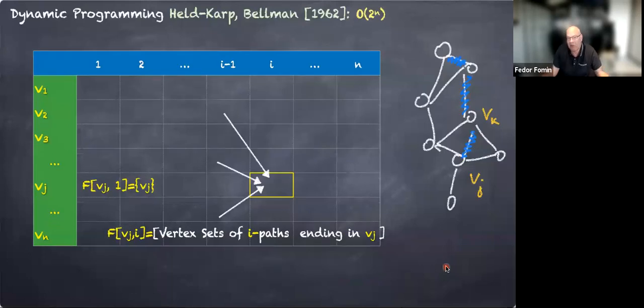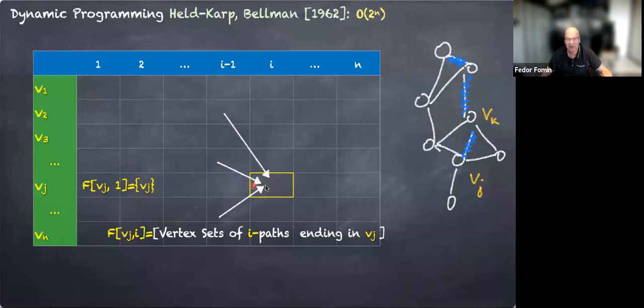Now, how do I update my table of dynamic programming? First of all, I initialize the table. In the first column, of course, all paths of length 1, sorry, all paths which contain one vertex, this is exactly vertex vj. So in the first column, I just fill the cells of the matrix with the same vertices. Now I proceed to fill the table column by column.